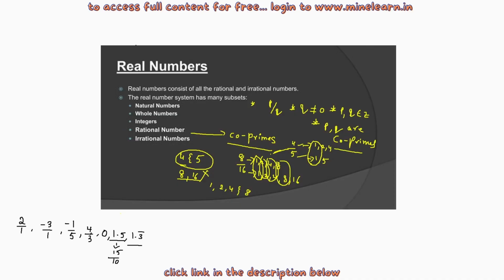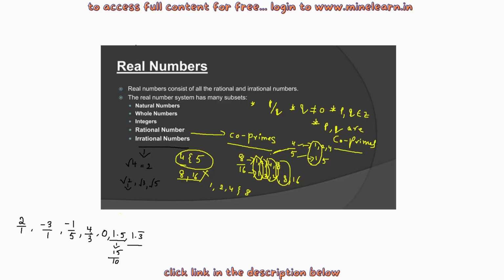Now come to the next one, irrational. You already know about the irrational, the numbers which cannot be written in the form of p by q. Suppose we take root 4, what is the value of root 4? 2. This is not an irrational. Suppose consider root 2, root 3, root 5.